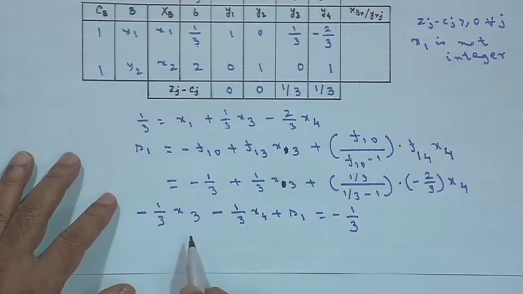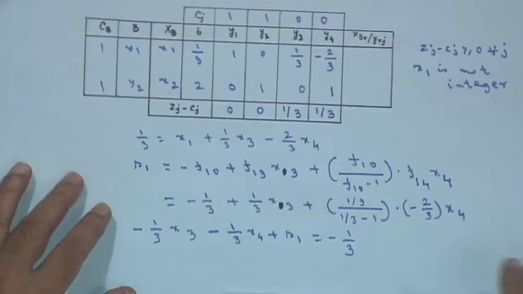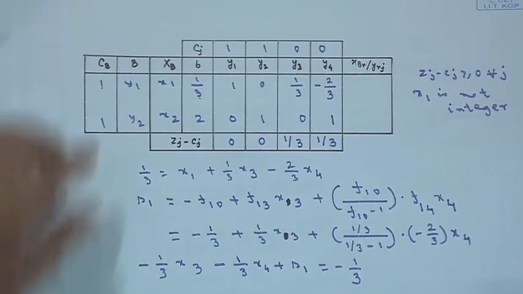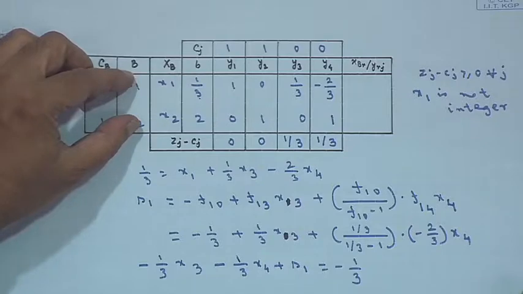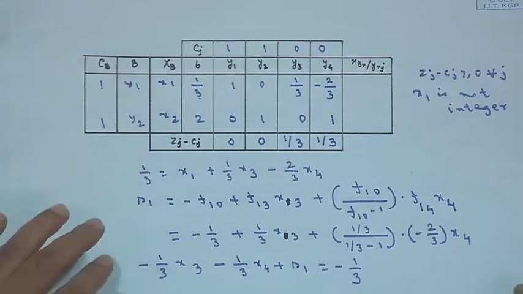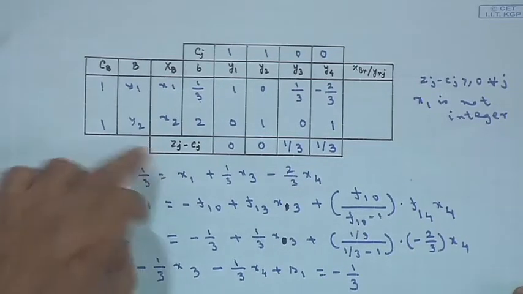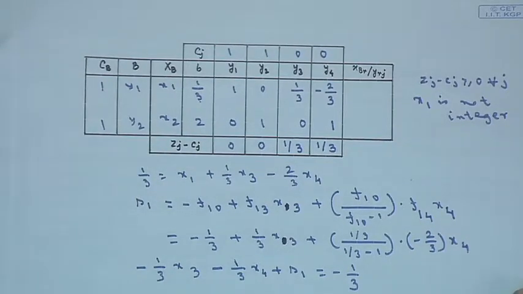So, using the Gomorian slack variable S 1, you are adding this constraint. Now on this particular table, you have to add one more row, where S 1 will be entering into the basis.